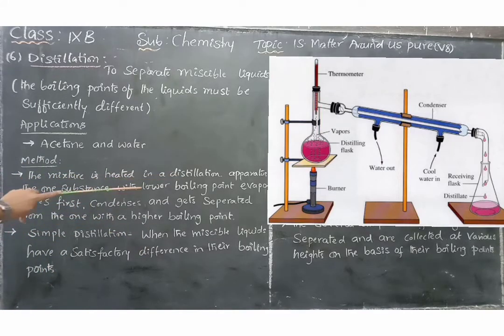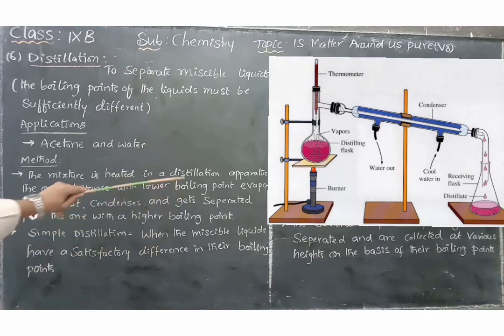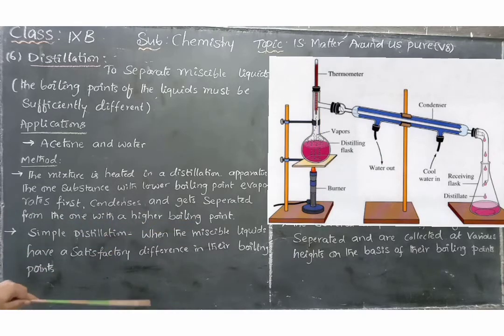The substance with the lower boiling point evaporates first, condenses and gets separated from the one with the higher boiling point. If heat is applied to a mixture in the distillation apparatus, the constituent with the lowest boiling point starts evaporating, condenses and gets separated from the higher boiling point one. That is the distillation technique.